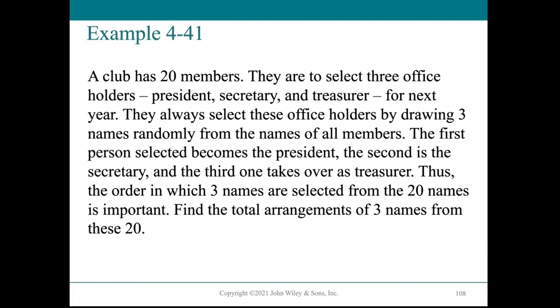So arrangement is important because there will be different scenarios even if the elements are the same.